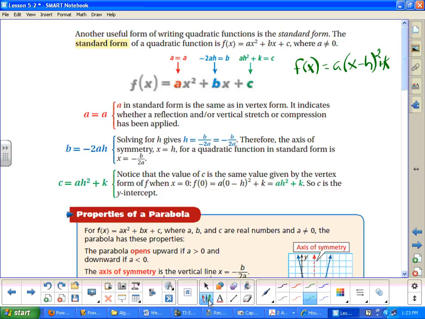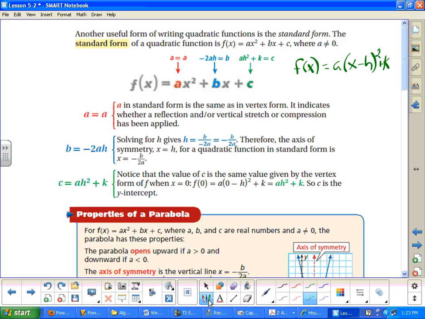If it's negative, it means it's a reflection over the x-axis, so a vertical reflection. And it also tells us whether it's stretched out vertically or compressed vertically. The value of b is equal to -2ah, which is calculated from the vertex form.